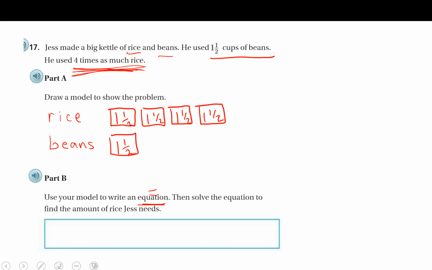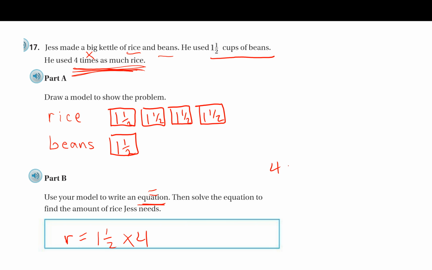So we're going to take the rice, and we'll use a variable because we don't know the answer yet to write our equation, equals the amount that there are of beans, 1.5 cups, times, that word times tells us we're multiplying, 4. And that should tell us how much rice.